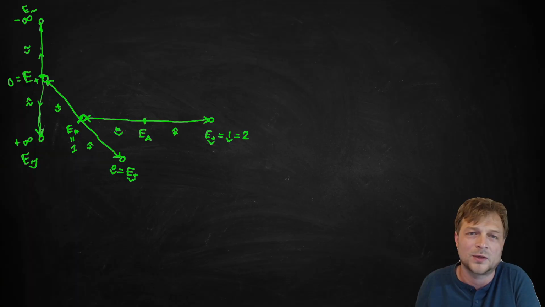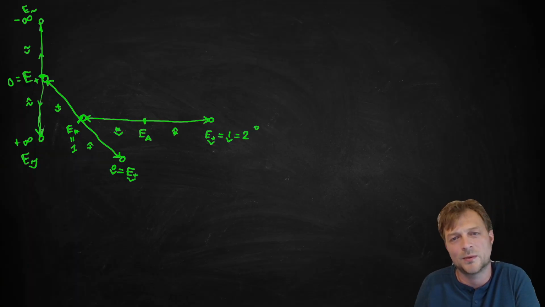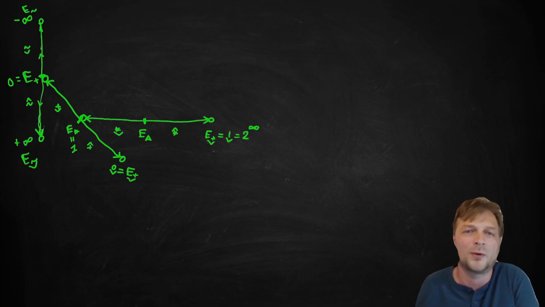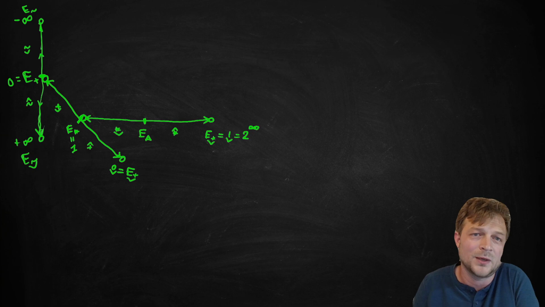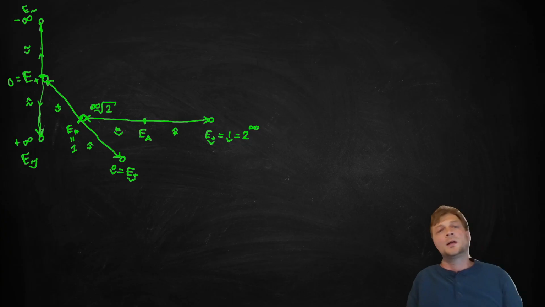Let's say if we talk about base 2, it will be 2 to the power infinity. And here on the left the boundary will be the infinite root of 2. So this dot here, and we can move on.